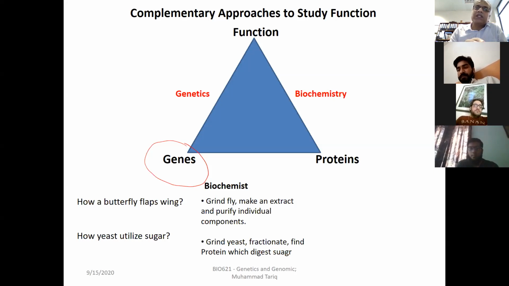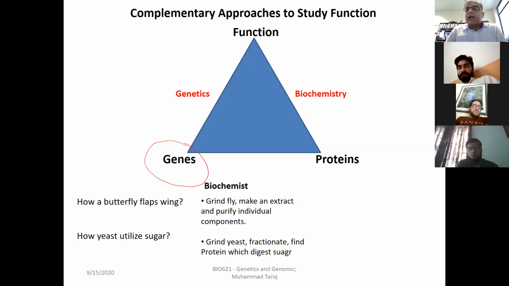find a component which has a function, muscle-like activity or whatever, which can help a fly in its flight while flapping the wings. Another independent lab can be interested in how yeast utilizes sugar.